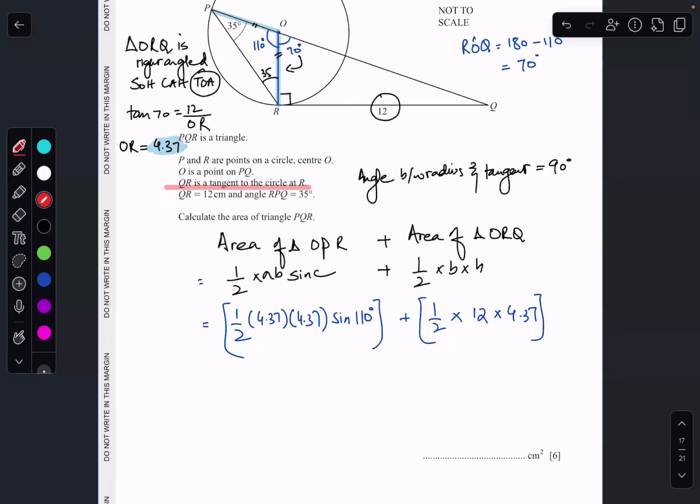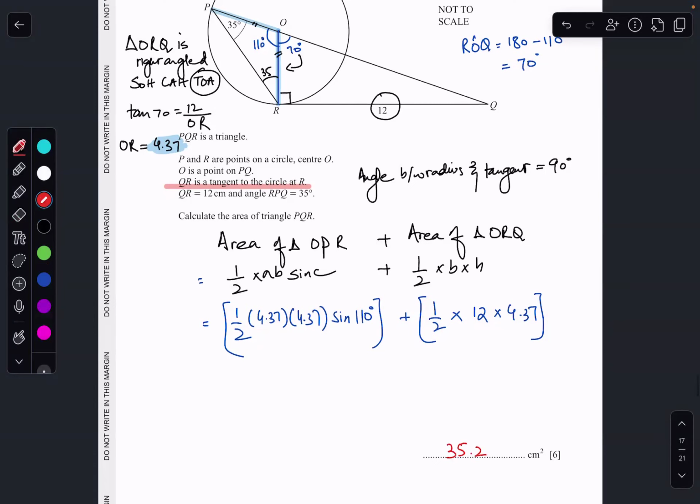It will be easier for you. When we calculate it, you can use brackets on both sides, a bracket for this one and a bracket for that one in the calculator, so that you avoid making any mistakes.